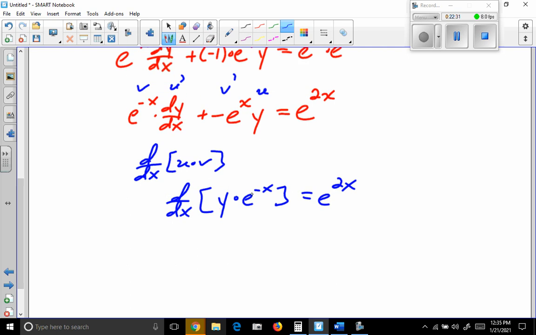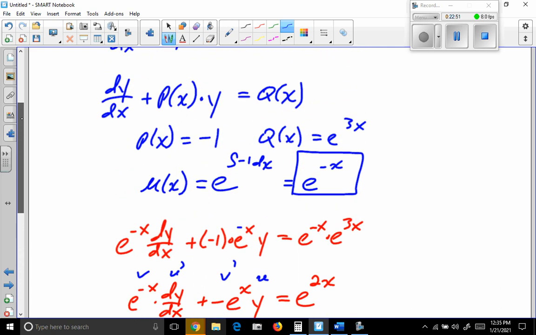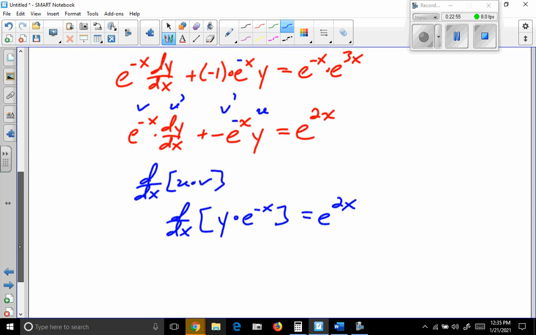So think about if we took the derivative of this with respect to x, it would be the derivative of the first part, so dy dx times the second part, plus the first part, y, times the derivative of this. And the derivative of e to the negative x is negative e to the negative x.